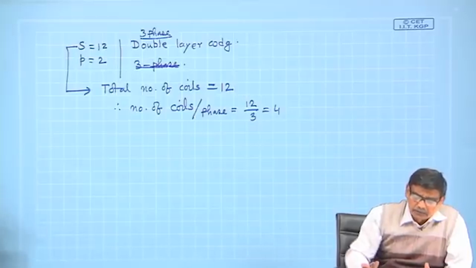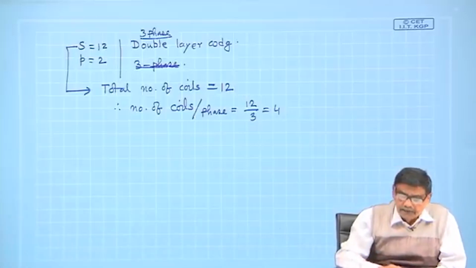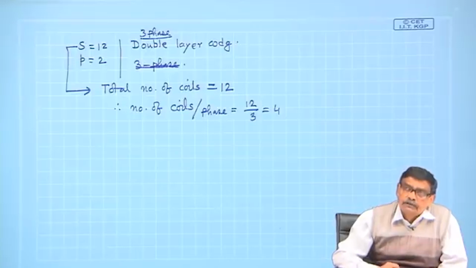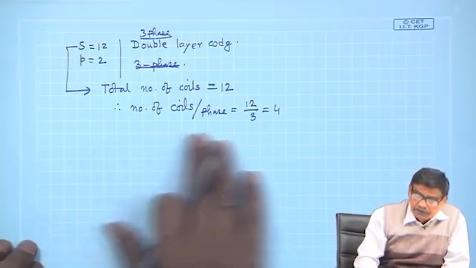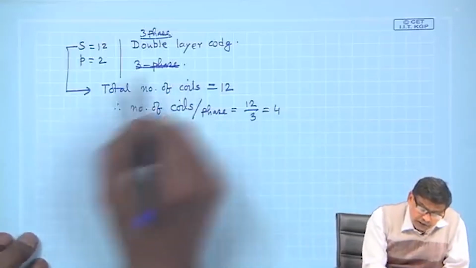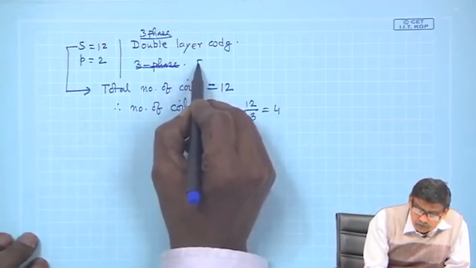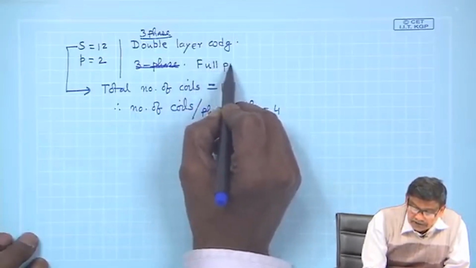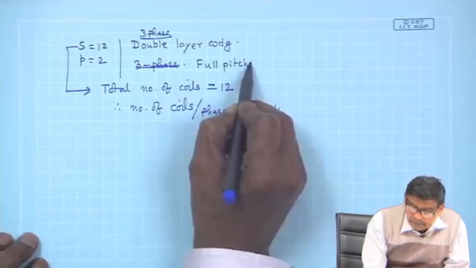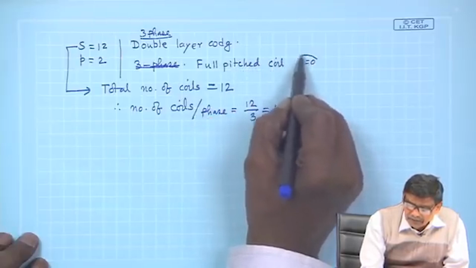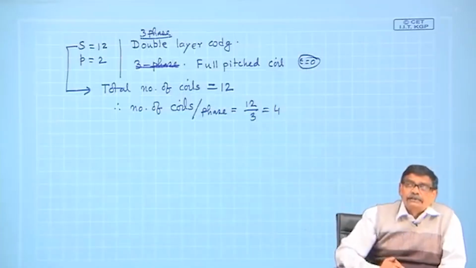Total number of coils 12, R phase must have 4 coils, Y phase and B phase will also have 4 coils each. These are the things I know quickly. And also I tell you that I will use a full pitched coil, that is epsilon is 0.